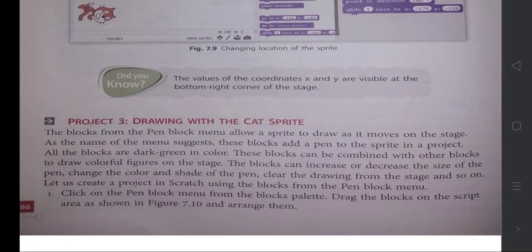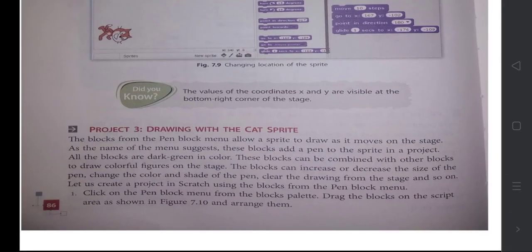Now we are going to do drawing with the cat sprite. The blocks from the Pen block menu allow the sprite to draw as it moves on the stage. As the name of the menu suggests, these blocks add a pen to the sprite in a project.